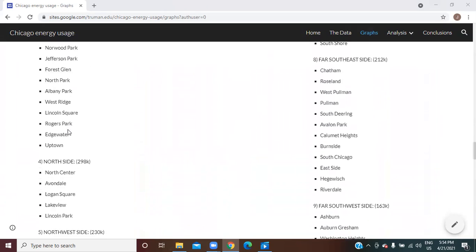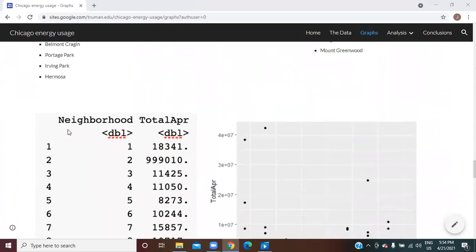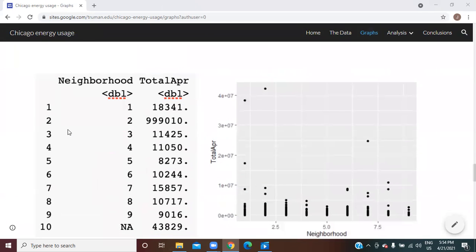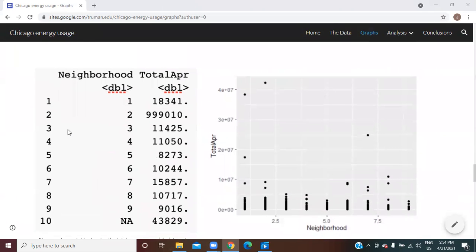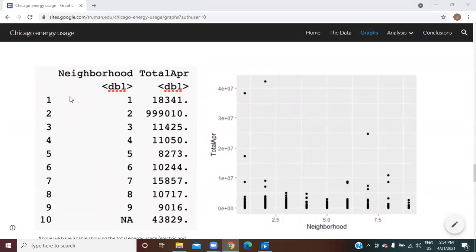And after all this, we have the tables and the scatter plots that we used. So here, each neighborhood number is represented on this table from 1 to 9. And here each neighborhood is represented by one of these groups of points.